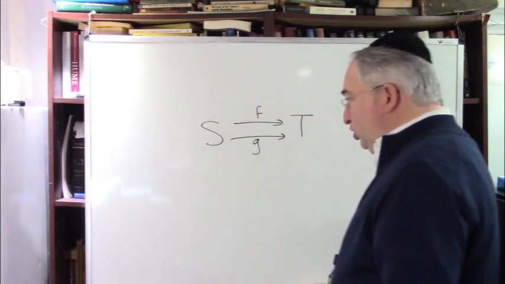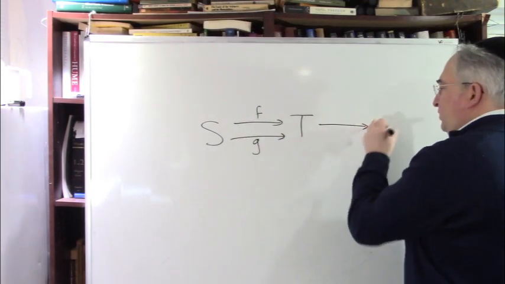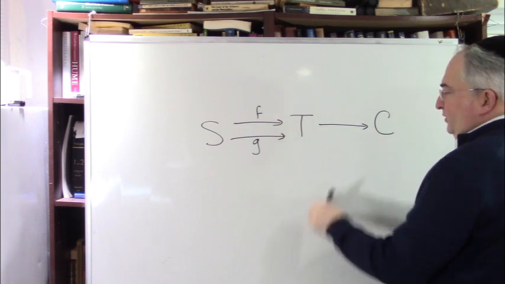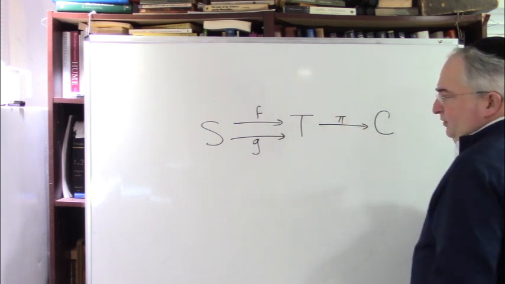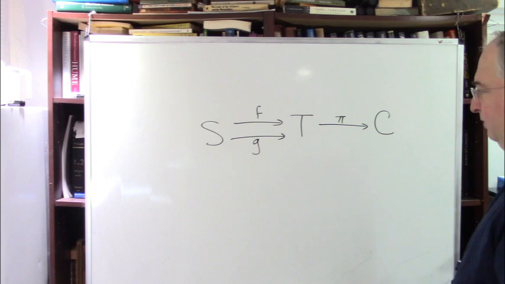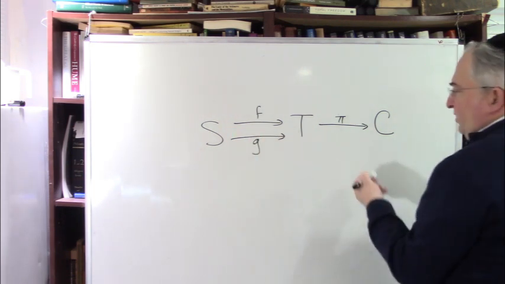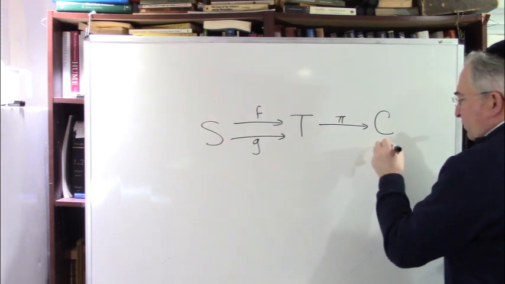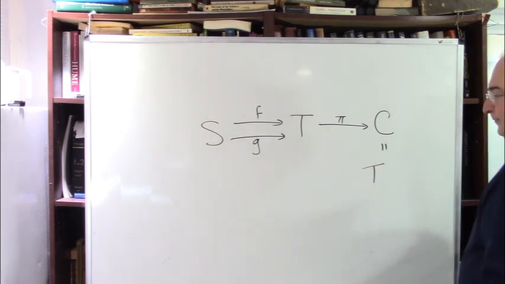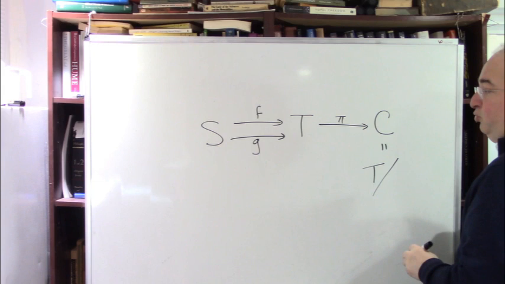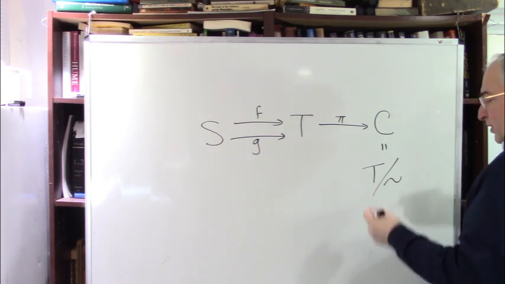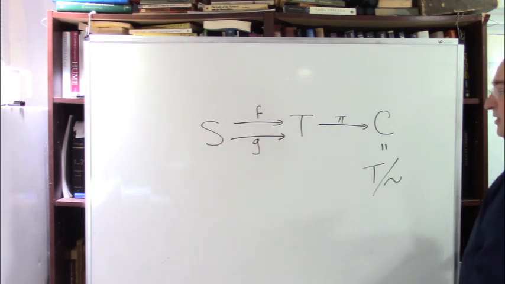Okay, what's the coequalizer in sets? So we'll call it C for coequalizer. We'll call this P for projection. Okay, making up the names as we go along. Okay, and basically what's this? Well, C is equal to take T and take the quotient set of that. So we're gonna set certain things equal to each other.